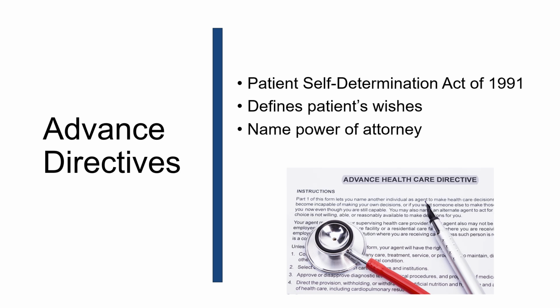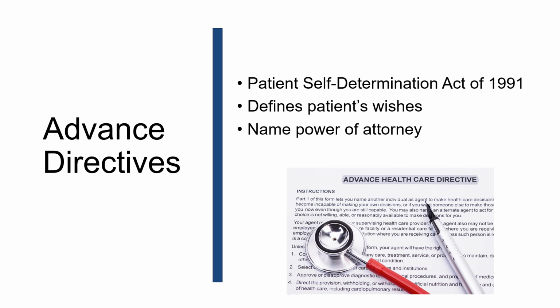Or maybe the patient has already completed the surgery and now they are post-op and maybe there was some type of complication and they are not able to tell you what they want because they are maybe still unconscious. So that would be another reason why we would want that advance directive present. So there is no question what the patient would want for their own medical care.